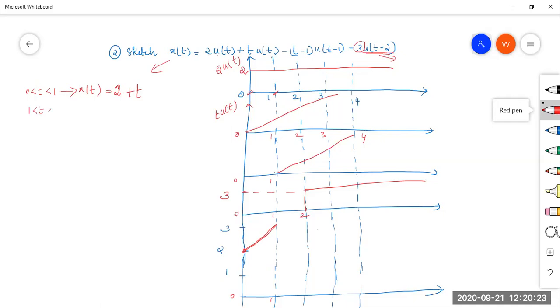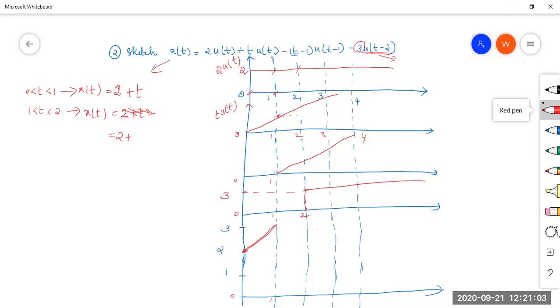Now 1 less than t less than 2. The magnitude of this particular signal is 2 itself. Then here again it is linearly increasing. So at this particular instant, the signal is t itself. Then here also you have t. So we will write the magnitude, that will be easy. So 2 plus, at 1, what is the value?